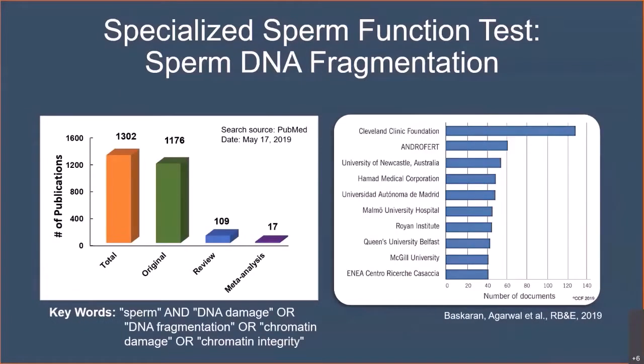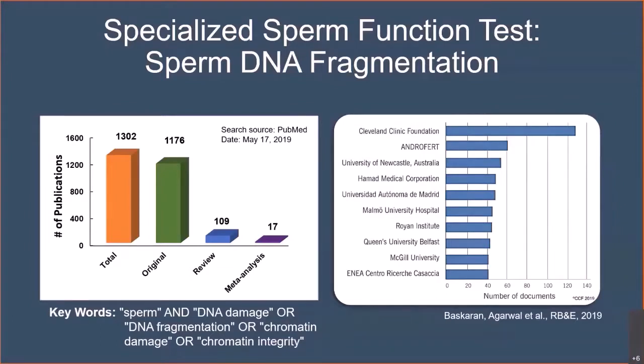And then the sperm DNA fragmentation, another important test. If you look at the left side, again, this is a very hot area with a very large number of publications, both original publications, reviews, and meta-analyses. And this data is only until 2019, and certainly the numbers have increased since then.